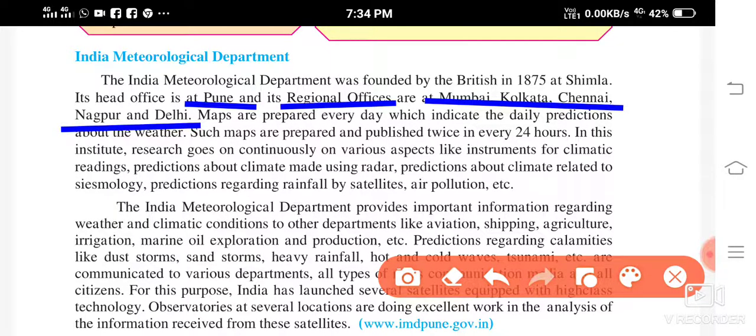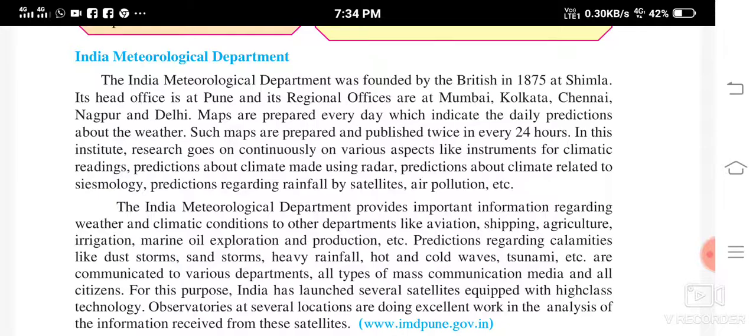Then how do they work? They prepare maps which indicate the daily predictions about the weather. Whatever they predict every day, those maps are prepared about the weather.